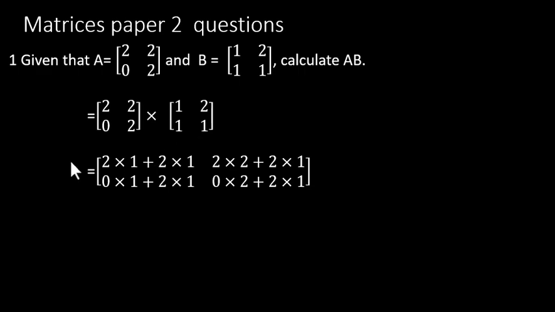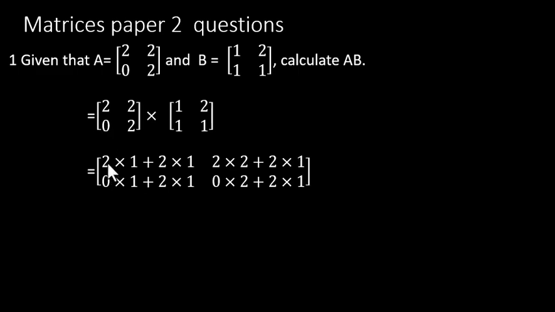So we multiply 2 by 1, plus 2 multiplied by 1 for the first row, first column. Then the first row, second column, 2 multiplied by 2, plus 2 multiplied by 1.